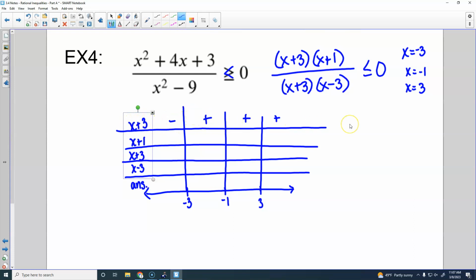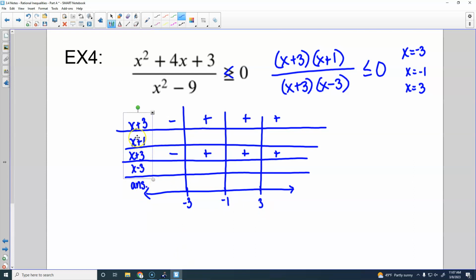Anything bigger than that would have to give me a positive. So unless you have something weird like an x squared plus 5 or something like that, it should only switch one time for that expression. I can also go down here and copy that one to that third line because it's the same.